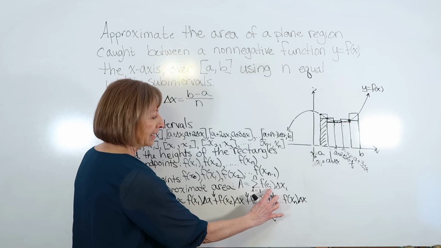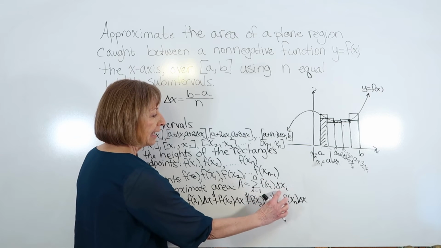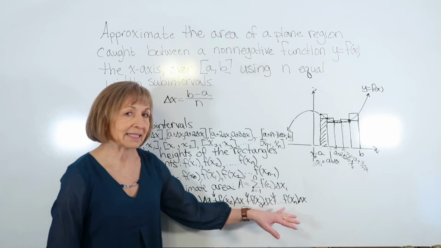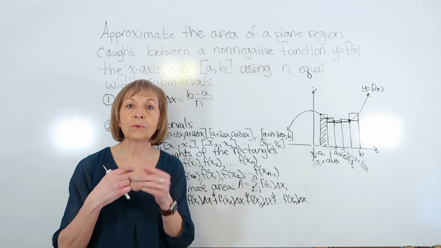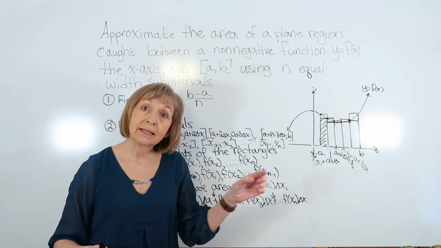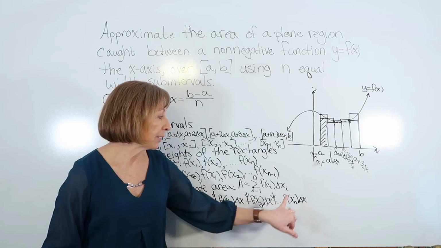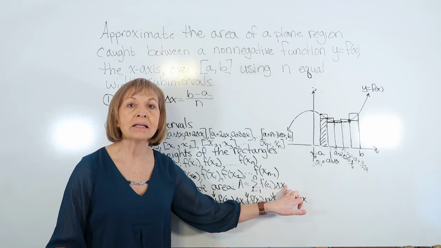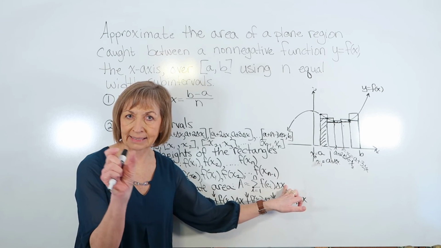So you're going to plug that x value through your function to get your height, and then this delta x sub i. I'll just say delta x's because I picked to do equal-width subintervals across. So for my example, I really don't need a sub i on that because they're all going to be the exact same value.